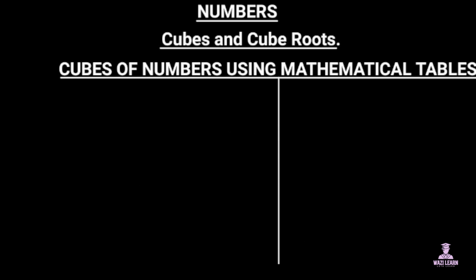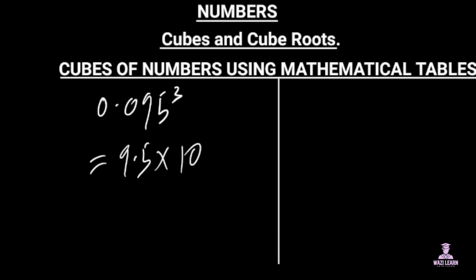Let us look at another example. Let's say you have to find the cube of 0.095. In standard form, this would be 9.5 times 10 raised to negative 2.